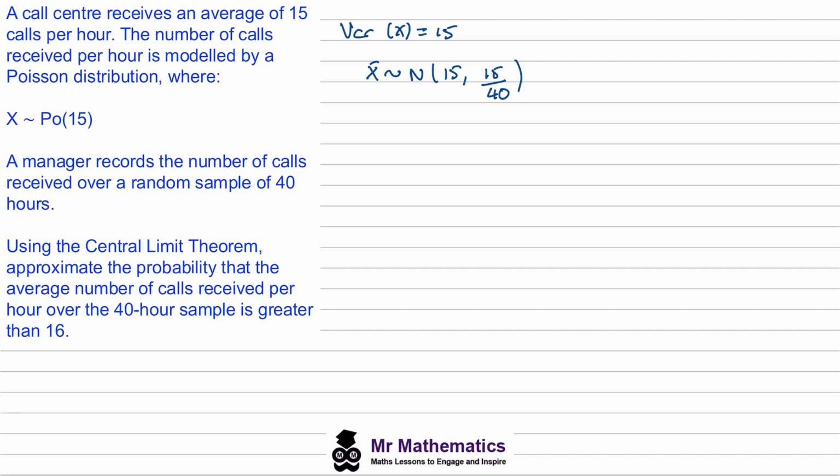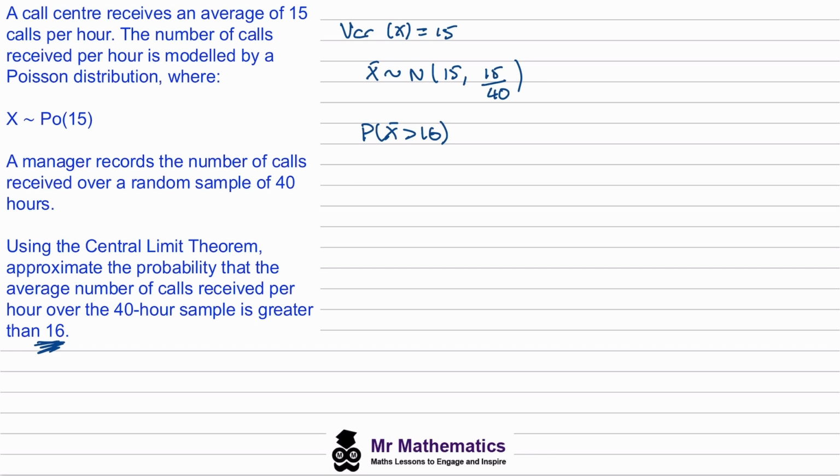So this is our normal distribution for the sample mean, and we've been asked to work out the probability of the sample mean being greater than 16.